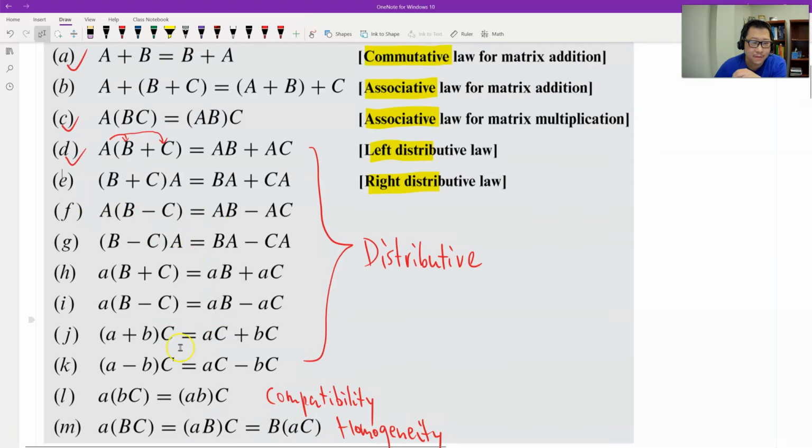So for F, let me put the proof here. I can use D plus M, the homogeneity, to prove F is true.